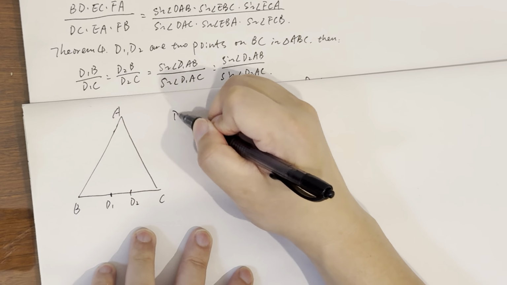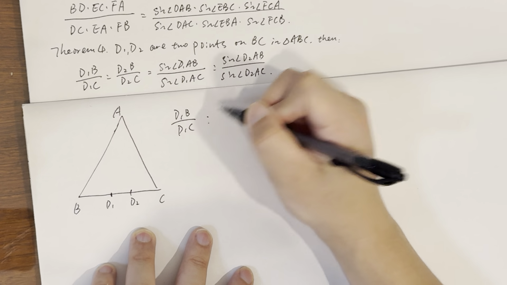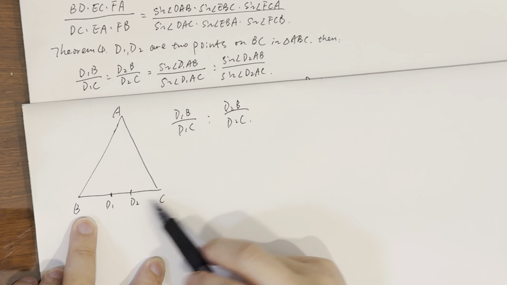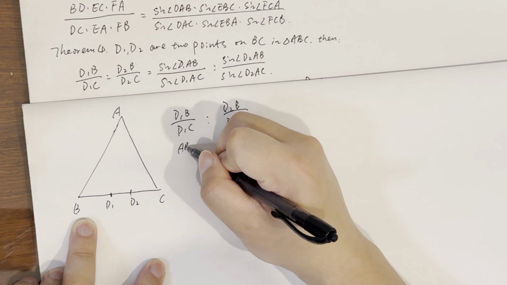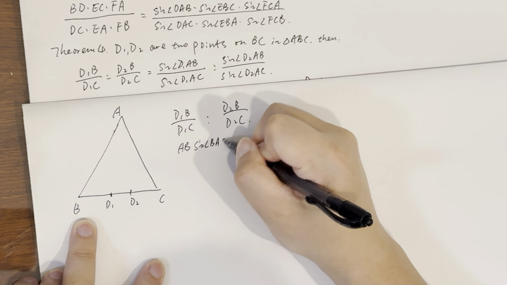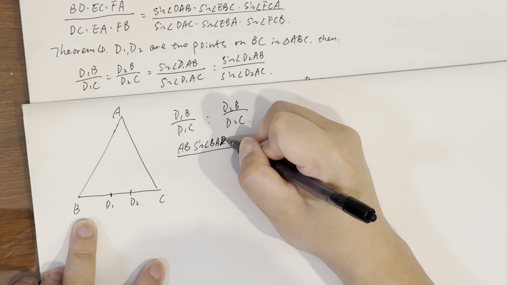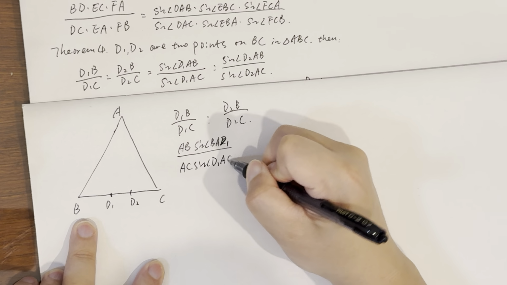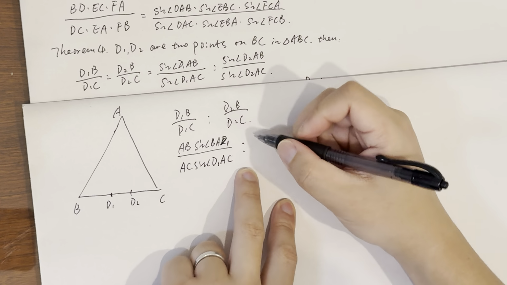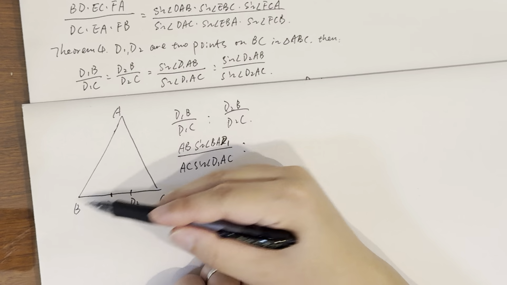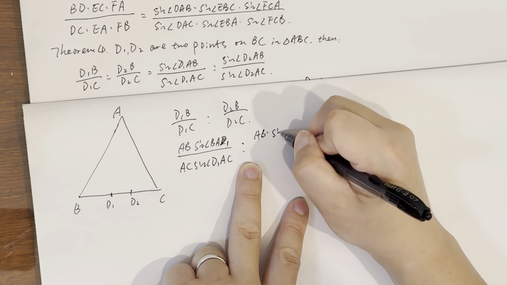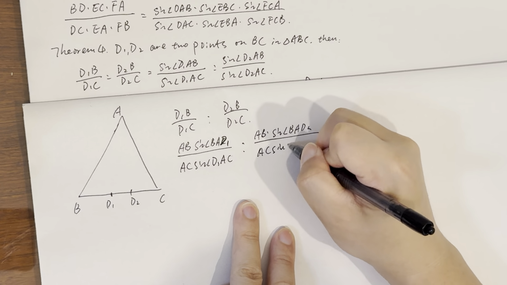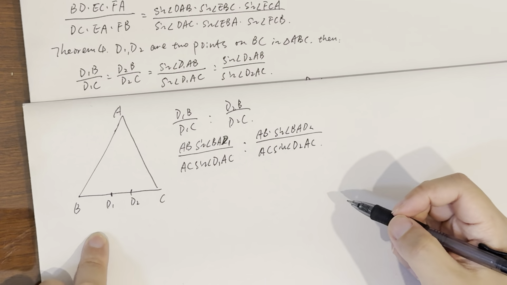And we want to calculate D1B to D1C to D2B to D2C, right? D1B to D1C, we already know it. It's AB sine angle BAD1 to AC sine angle D1AC. So D2B to D2C is AB sine angle BAD2 to AC sine angle D2AC, right?